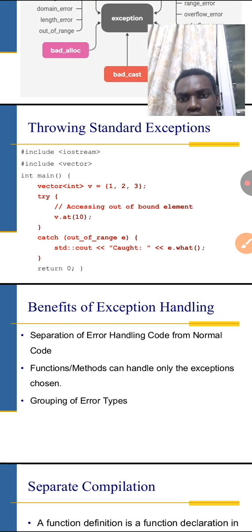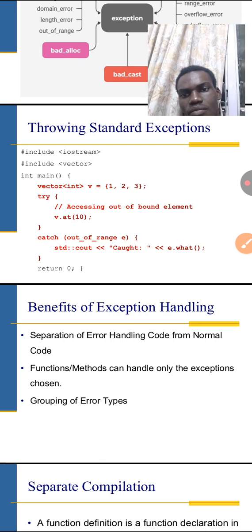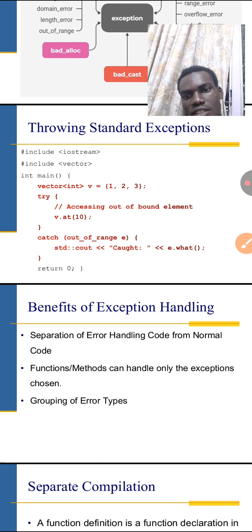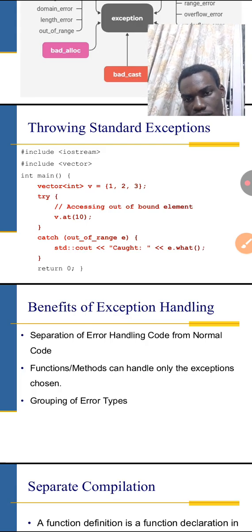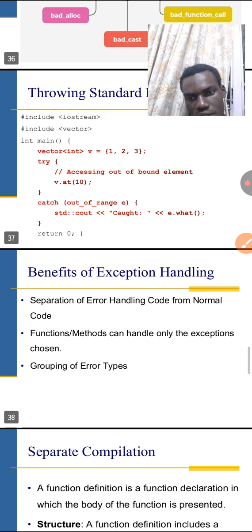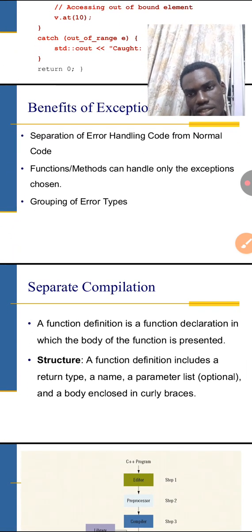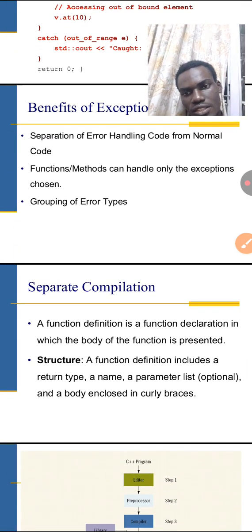Now let's look at the benefits of exception handling. There's a separation of error handling code from normal code. Functions or methods can handle only the exceptions chosen. Grouping of error types. We have separate compilation.